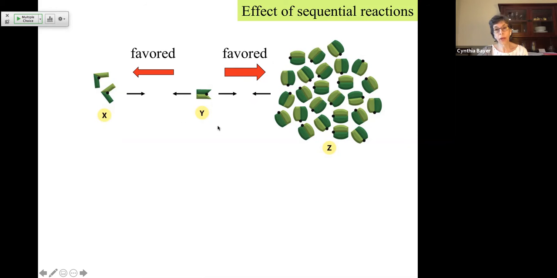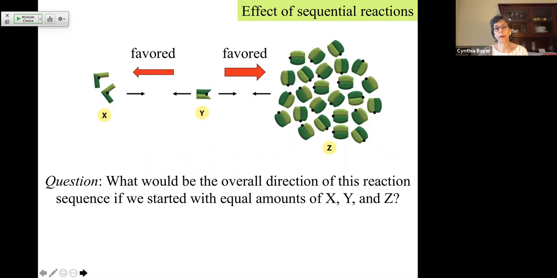So in both of these reactions, Y is the higher free energy molecule, because if we look at equilibrium, for every molecule of Y, there will be more X. For every molecule of Y, there will be much more Z. So then the question is, while Y to X is favored and Y to Z is favored, if we put them together in sequence, what would be the overall direction of this reaction sequence if we started with, now this is equilibrium, but if we started with equal amounts of X and Y and Z?